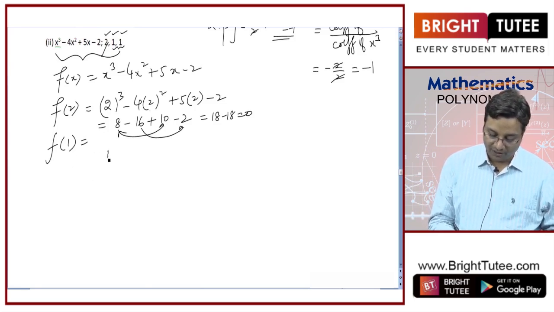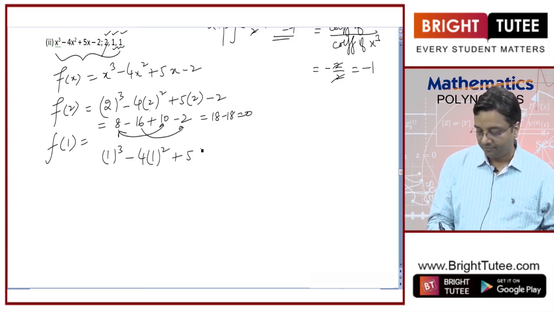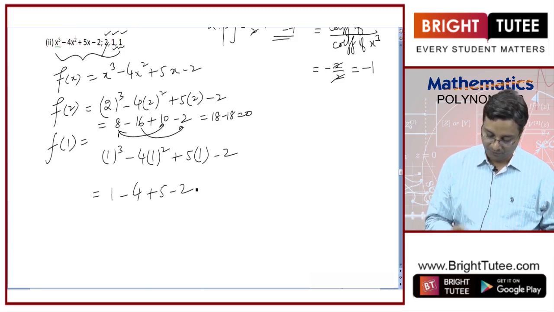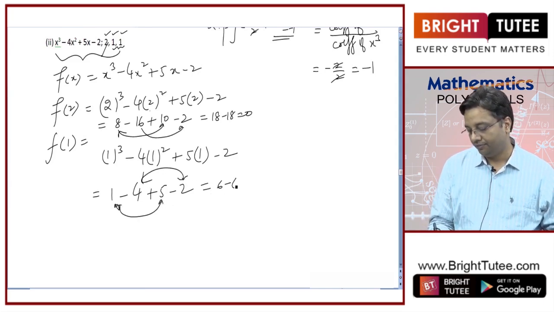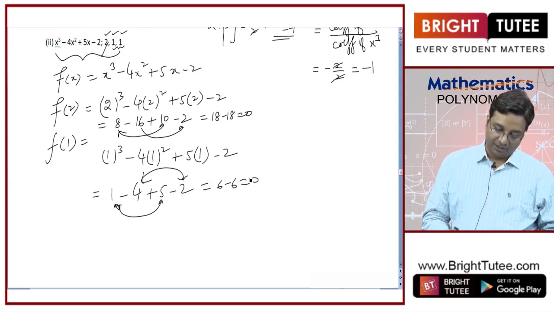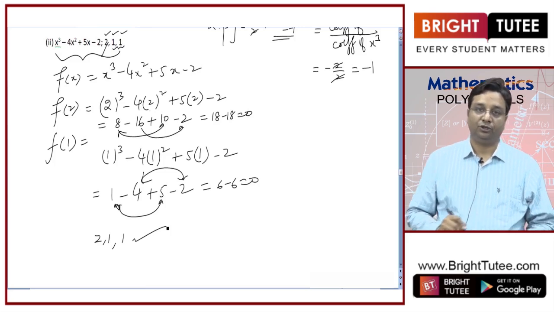Put x equal to 1 here. 1 cubed minus 4 into 1 square. So it will give you 1 minus 4 plus 5 minus 2, right? Plus 6 and minus 6. So it will give me 0 again. So yes, 2, 1, 1 are zeros of this polynomial.